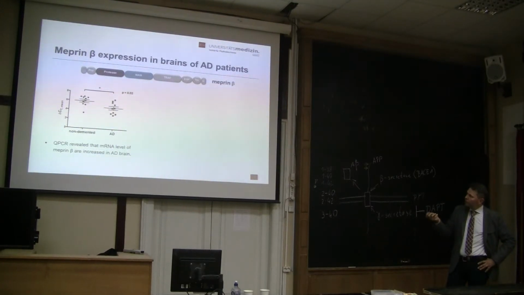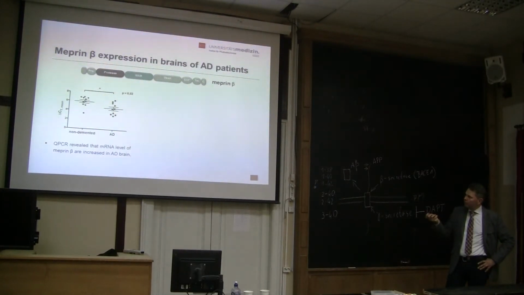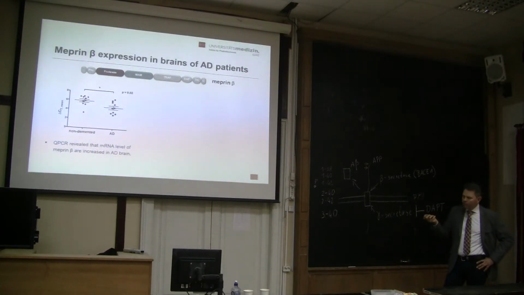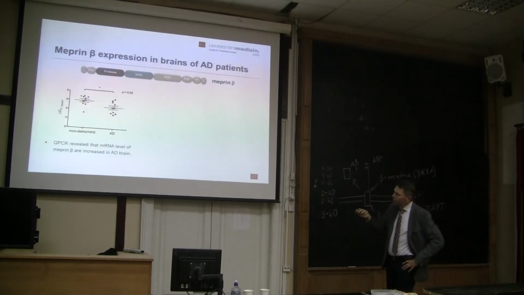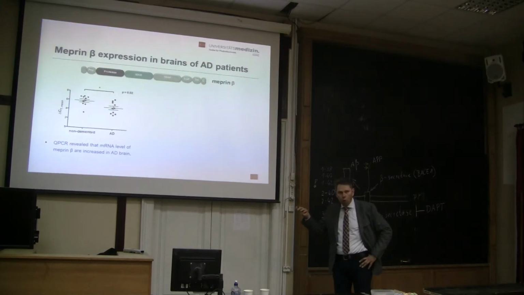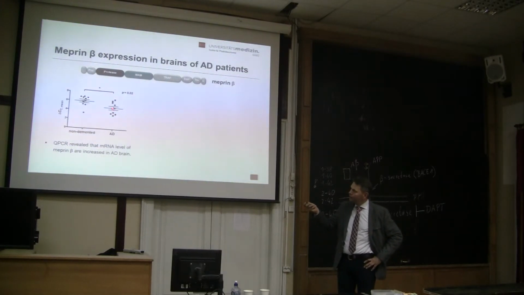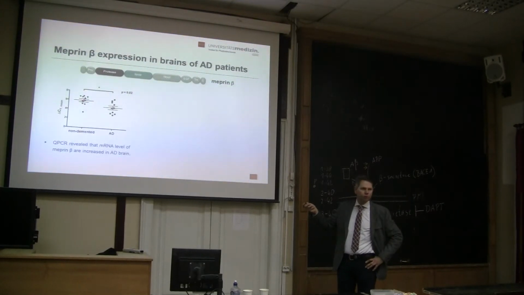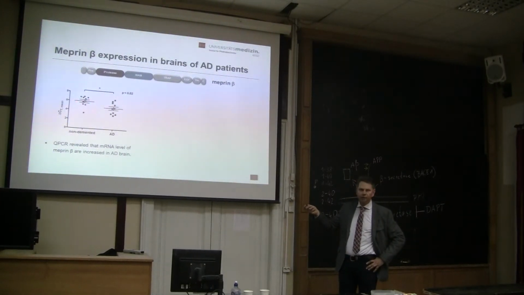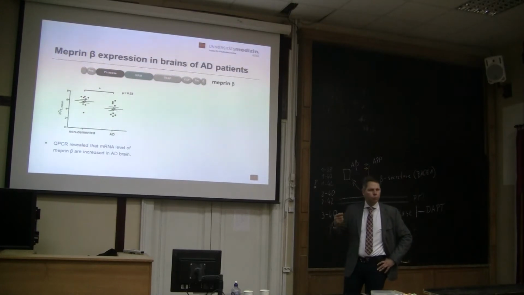We started to look for that with quantitative RT-PCR, and how this works here is the following. So this actually means you have more meprin here in the Alzheimer's disease brain than in the non-demented brain. So now you would say, wait a minute, this one is higher than that one, right? So how this works is the following.